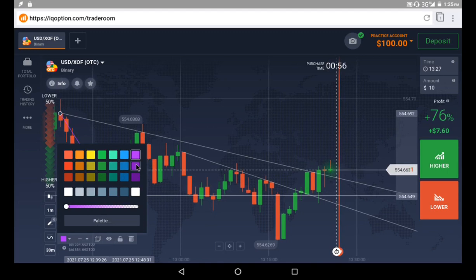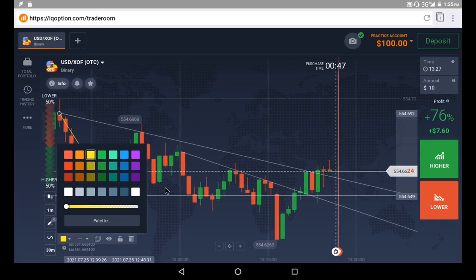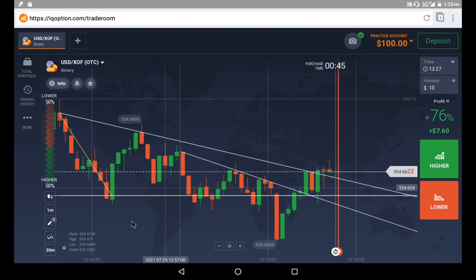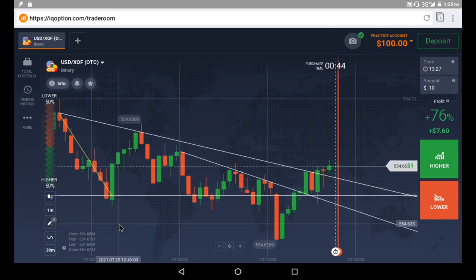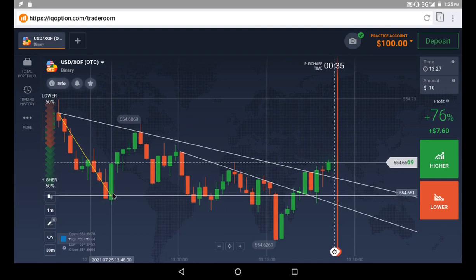Purple is not too clear, let me leave the yellow line. You can see the sellers entered down to that level, and then again on hitting that round number, the buyers entered.